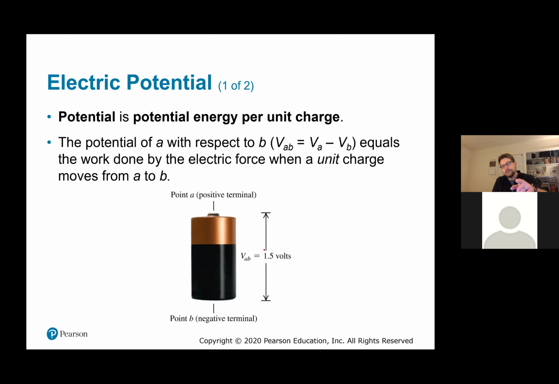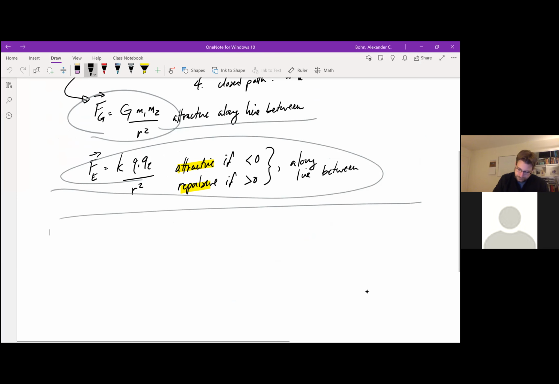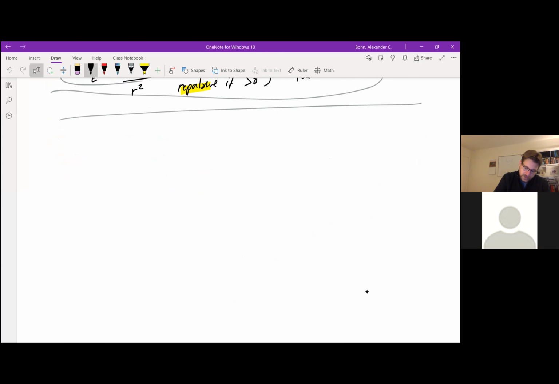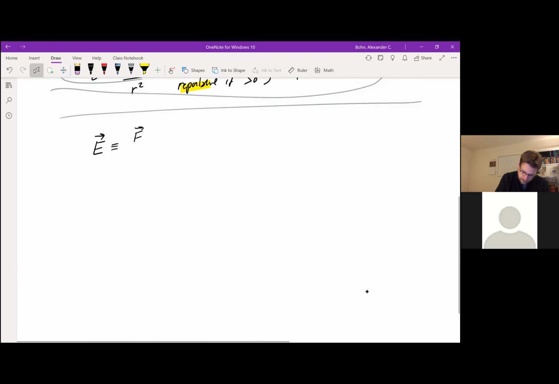This is not a new idea. We have already defined, let me say this in words, we defined the electric field a couple classes ago.